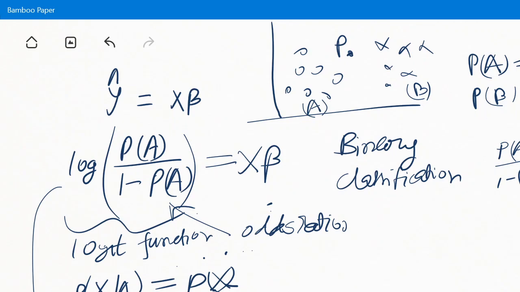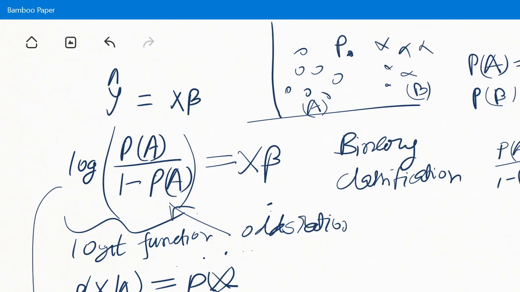We can write the same equation as log of probability of x divided by 1 minus probability of x equal to x beta.